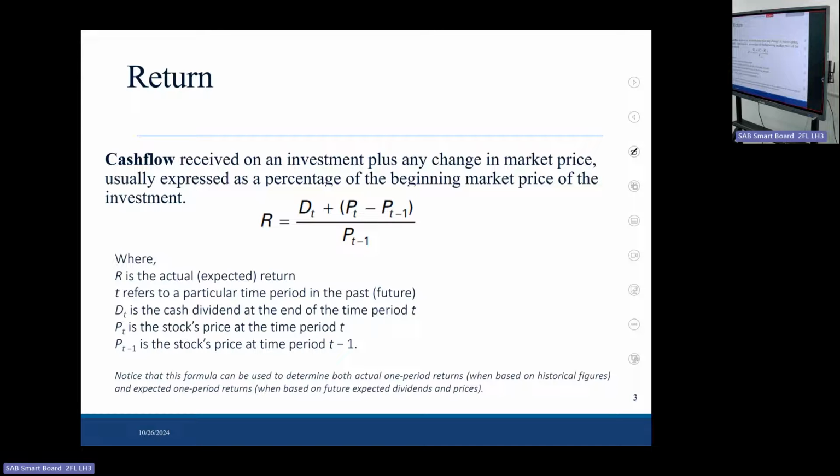Profit includes some non-cash items, but return is the cash flow. If you invested in bonds, your return is the coupon and the redemption value. If you invested in a listed company's stock, your return is dividends plus any capital gain. So likewise, it is purely cash flow.